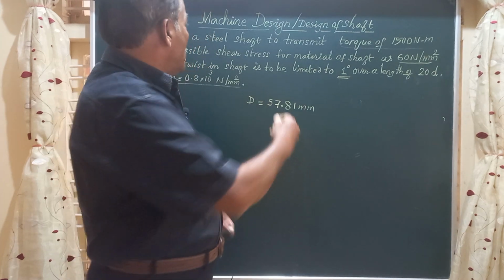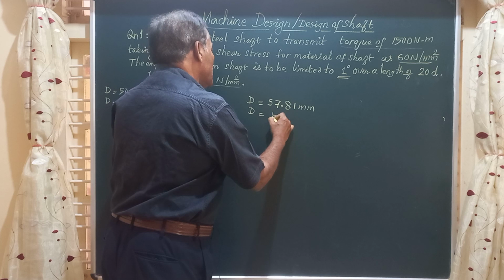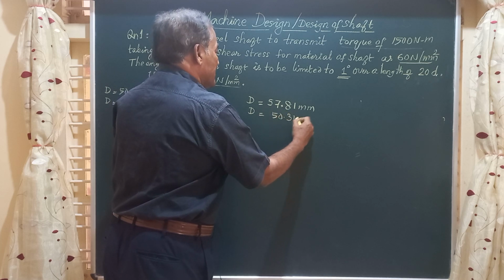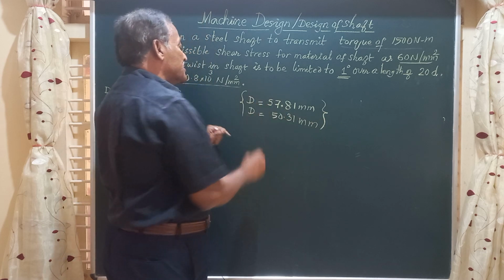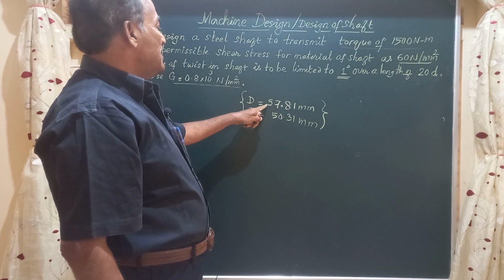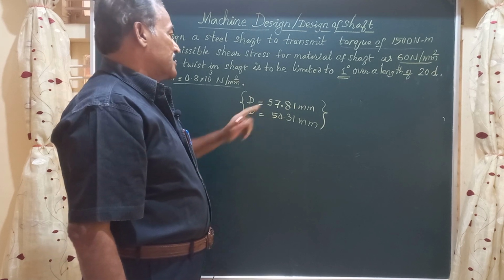And also based on the torque requirement, you have a value D equal to 50.31 millimeter. So you have got two values. So one based on torsional rigidity, other based on the torque to be transmitted.